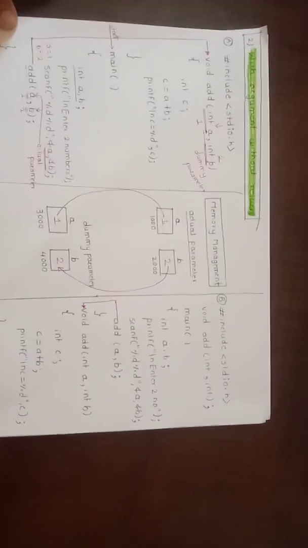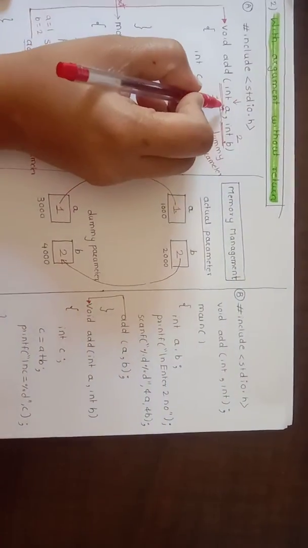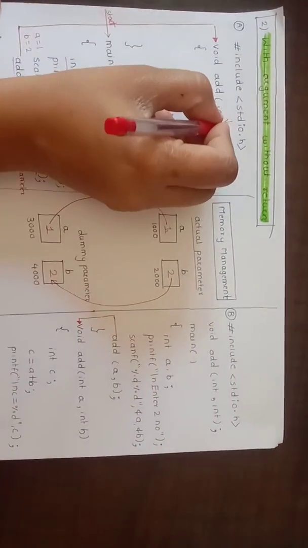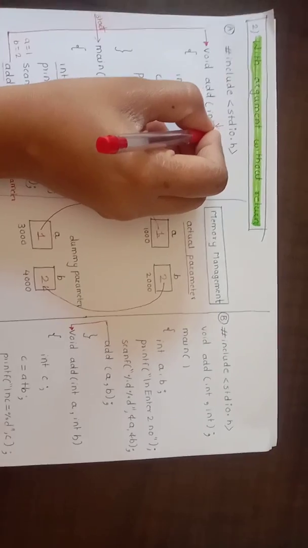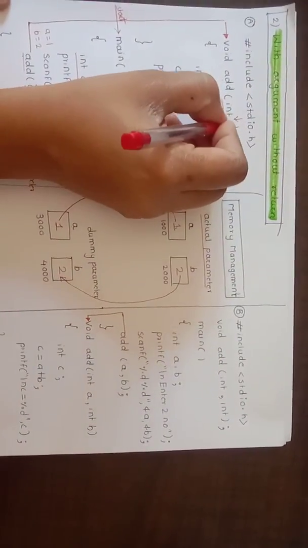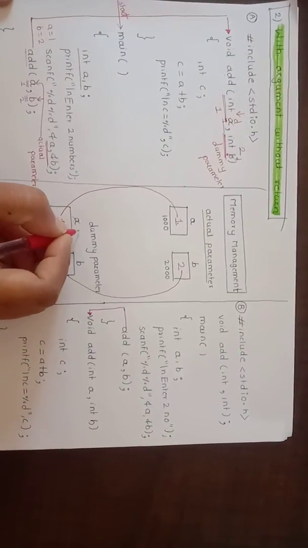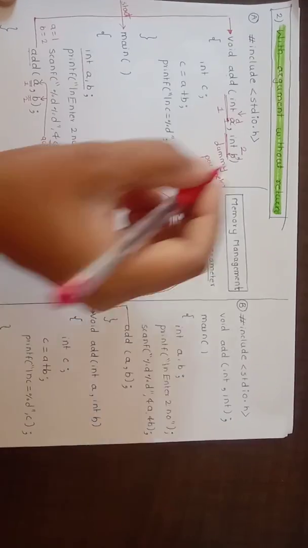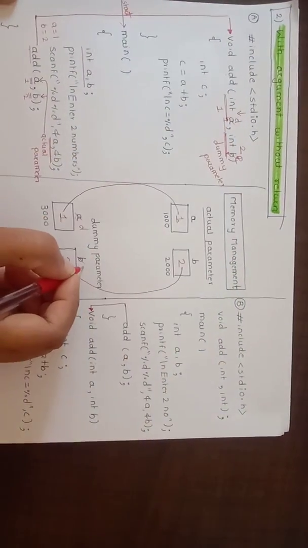Suppose anyone wants to change these names, instead of a and b, say d and e. This is your d, and this is your e.